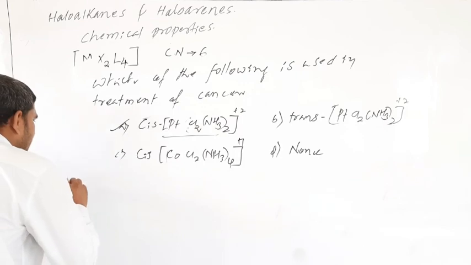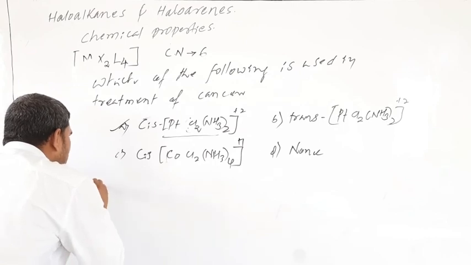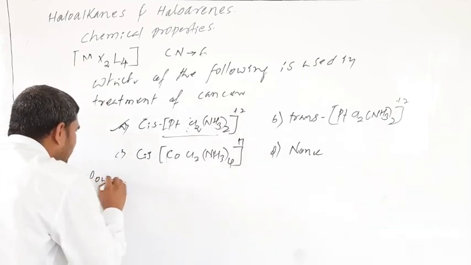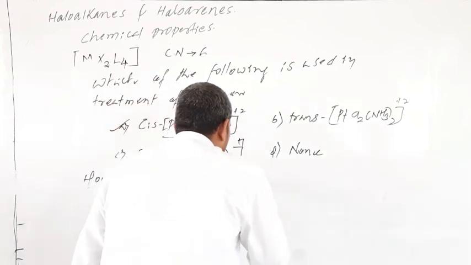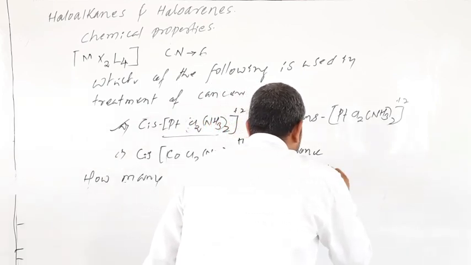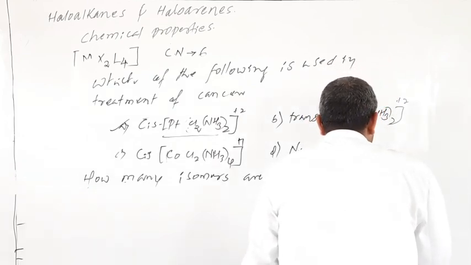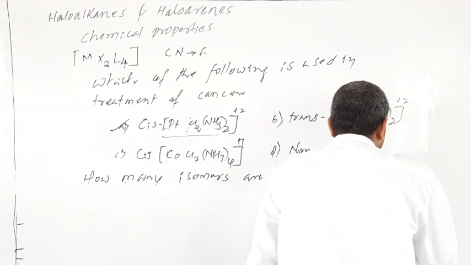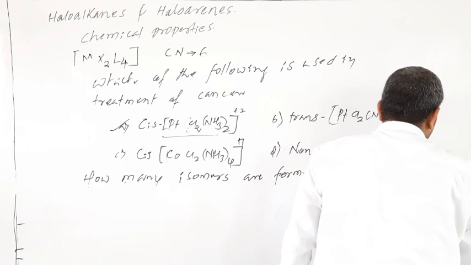And in some previous year question papers we came across this: how many isomers are formed by PtCl2 NH3 twice plus 2?